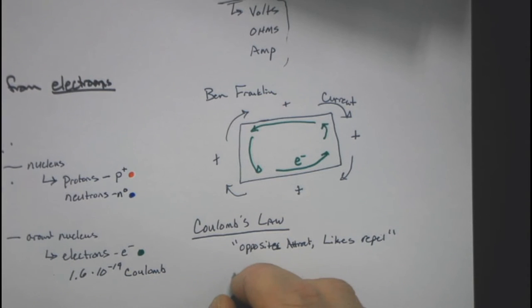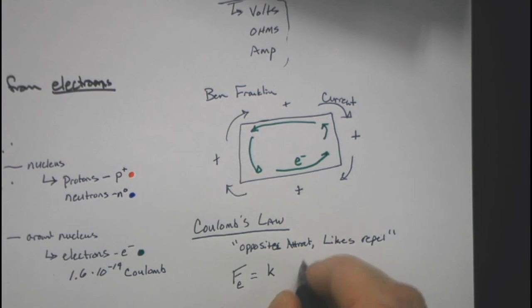And so the force of electricity between two charged objects is equal to K, and I'll explain what K is here in a minute, times the charge of the first one.